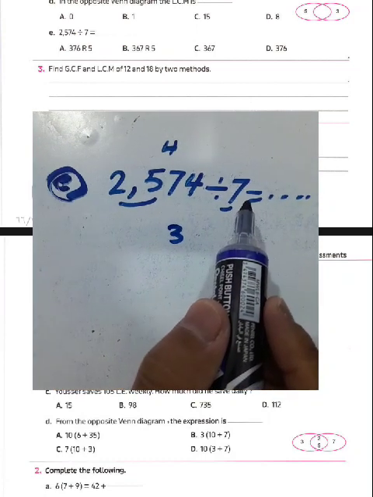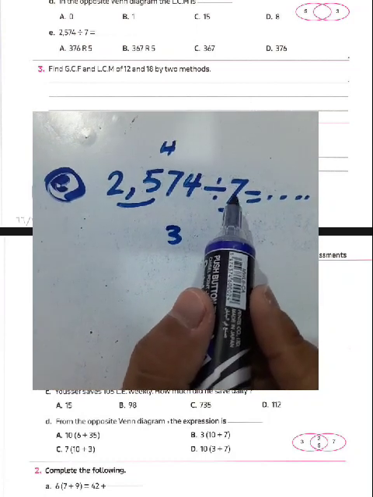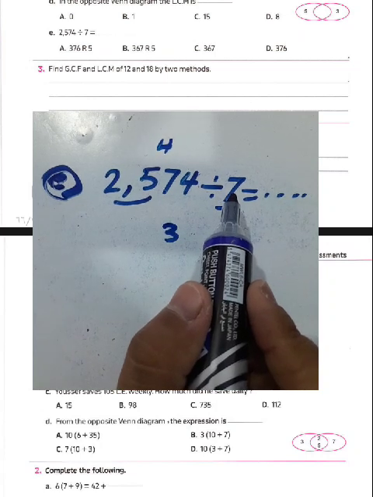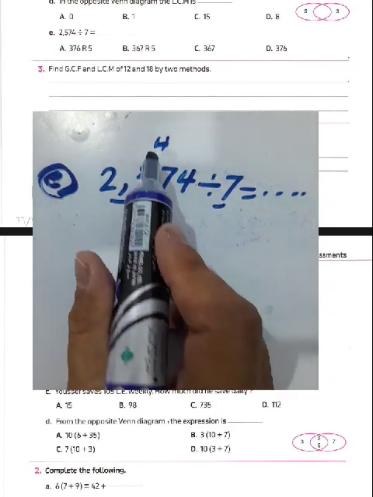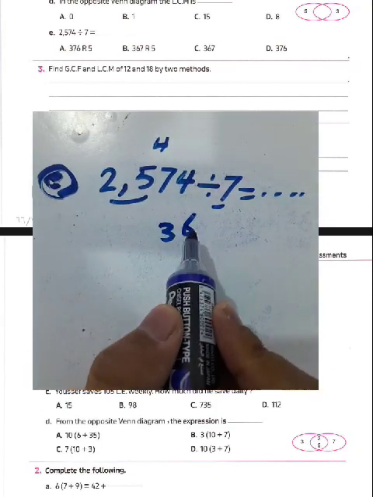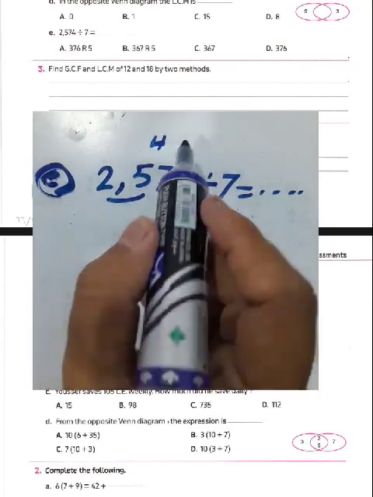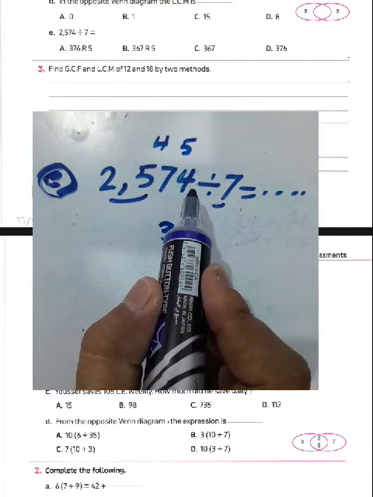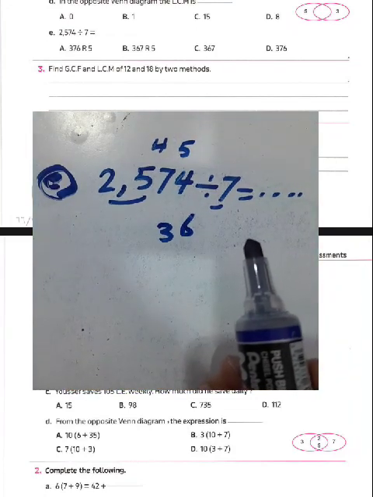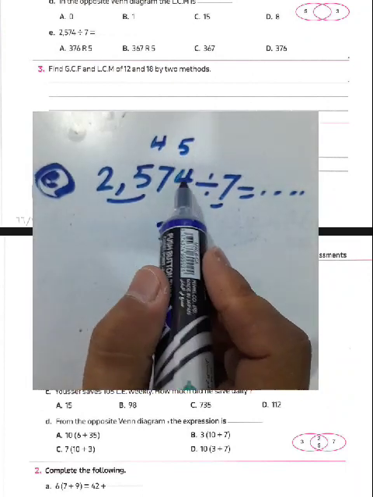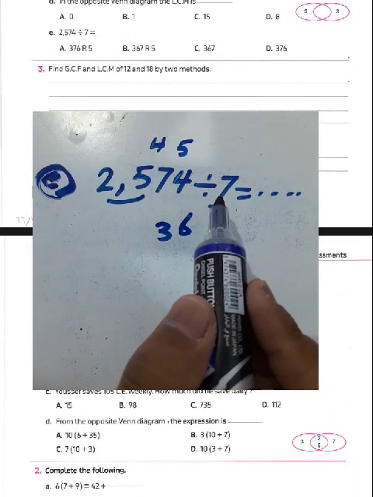Think with me. 4 times 7 equals 28. 5 times 7 equals 35. 6 times 7 equals 42. It's nearest to 47. You can write 6 here. 6 times 7 equals 42 and remainder 5. 54 divided by 7 equals what? 7 times 8 equals 56, it's greater.